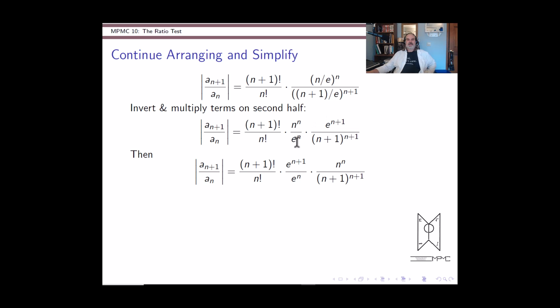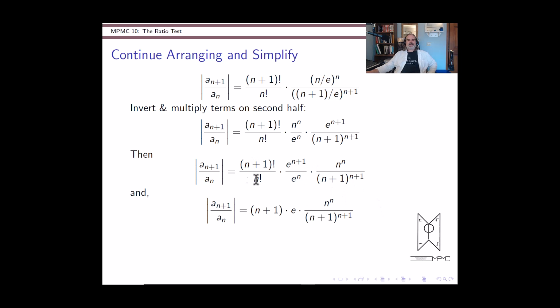My powers of e are now together and all the leftovers are together. Again, when you're good at this, you don't need to do that. You can just probably see directly that you've got an e to the n plus 1 in the numerator and an e to the n in the denominator. So just let it go. But patience and detail, I want to make sure to show those groupings so that you can emulate this when you're first learning these things.